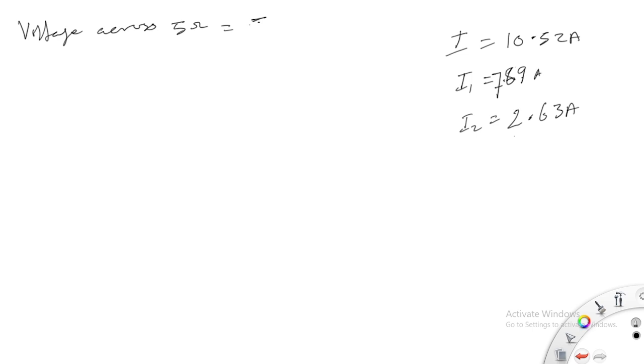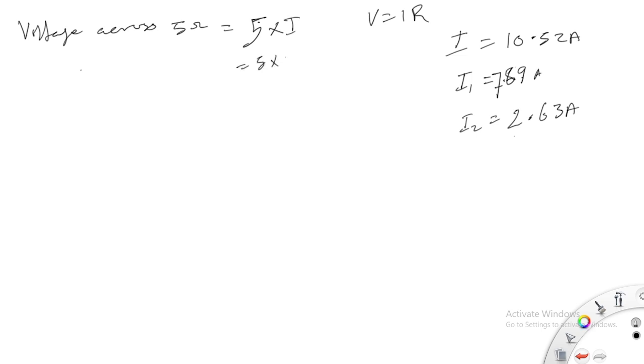Remember, V is equal to IR. So voltage across 5 ohms will be 5 times the current, which is 5 times what?